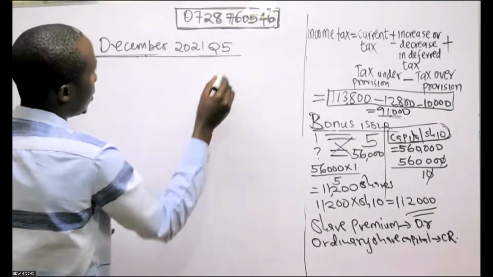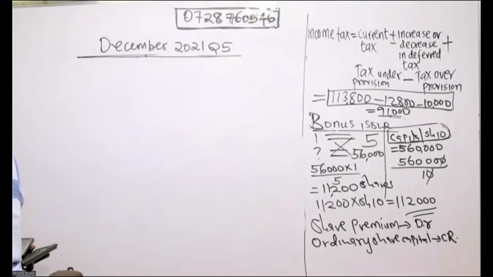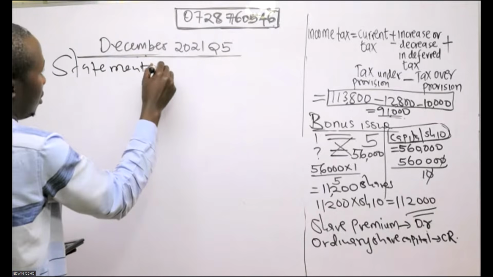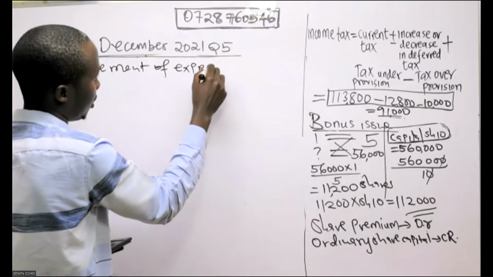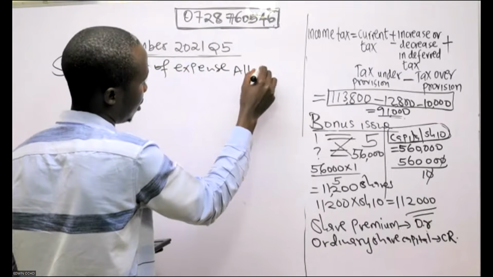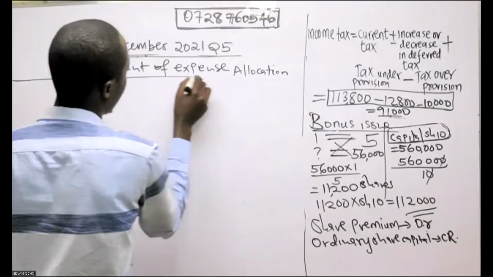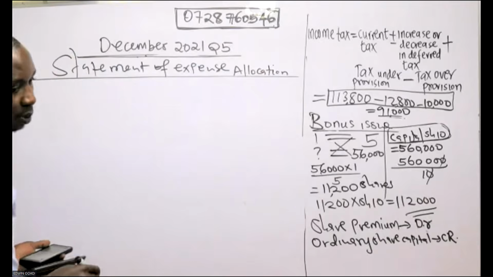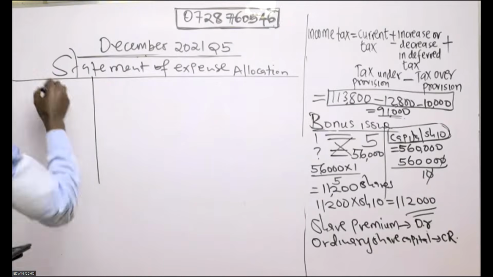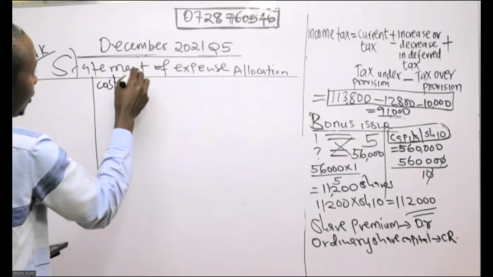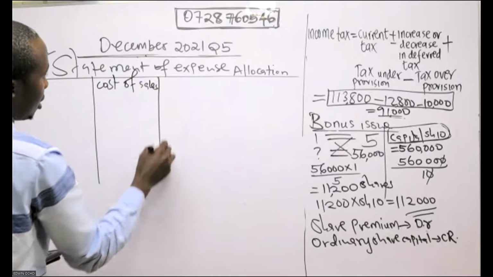So next is all about the statement of expense allocation. Remember I said expenses are supposed to be classified. This is a working. Expenses are supposed to be classified under cost of sales.